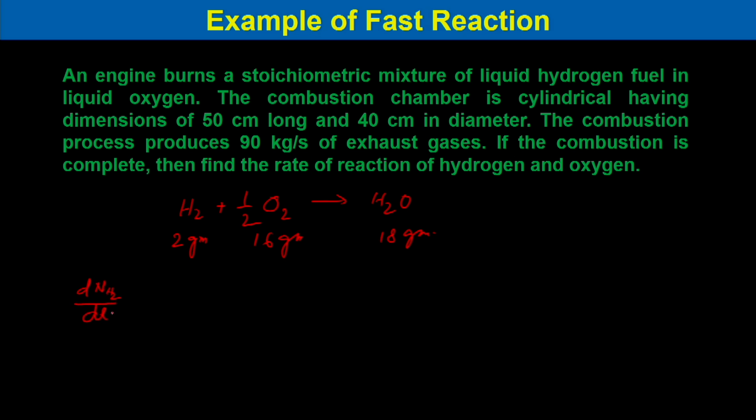dNH2/dt, that is the hydrogen produced per second, which is equal to 90 kg per second into 1 kilomole by 18 kg.